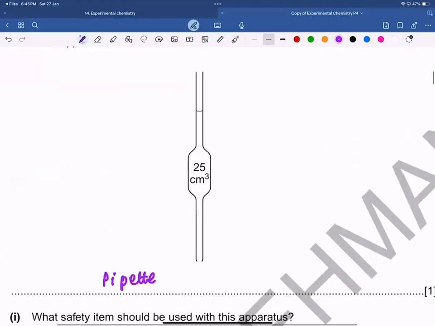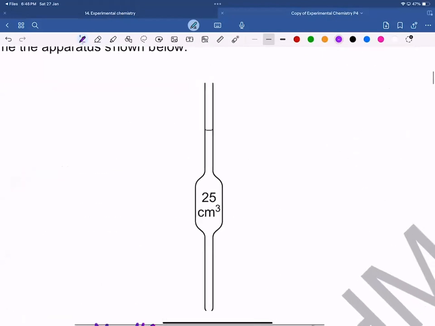I have told you, if you recall, if you fill this by mouth, it will work as a straw. And we are normally using it with chemicals like bases and acids. So if you fill it like a straw, there is a high chance that some of the chemical can enter our mouth.